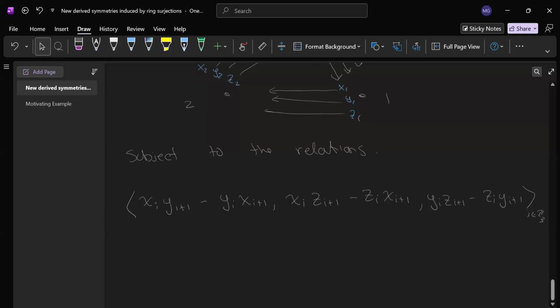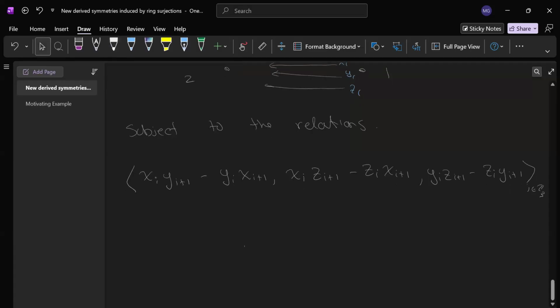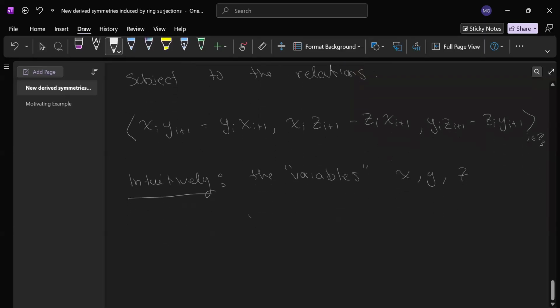Okay. So for each i equal to 0, 1, and 2, the relations look like this. And intuitively, this kind of means that the variables x, y, and z commute. Okay.